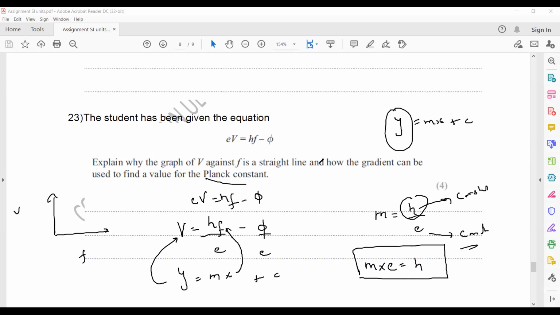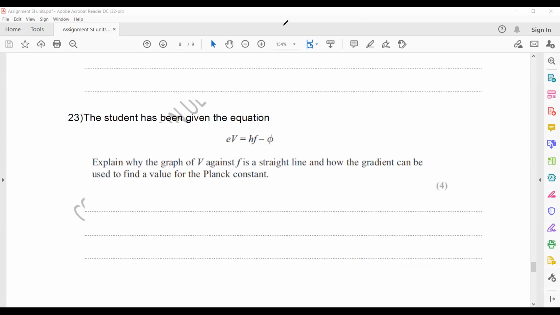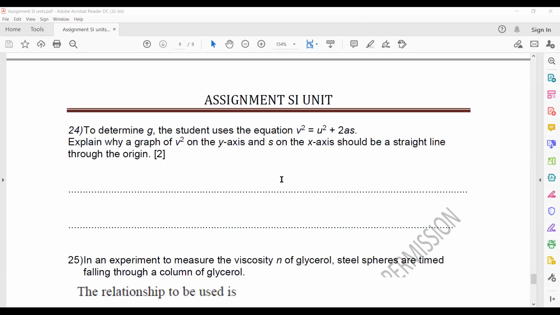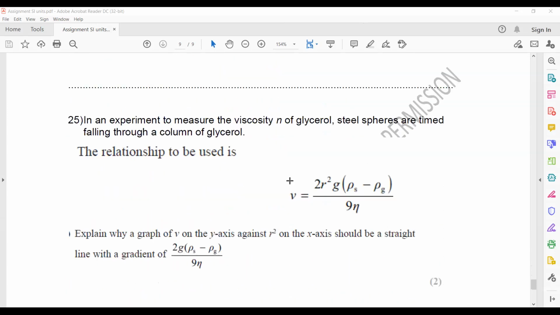So the first part was to show that it is a straight line: the gradient is constant, that's why it is a straight line. And the gradient multiplied by the charge gives Planck's constant. This is related to Einstein's equation that you will study in the last part of unit 2.